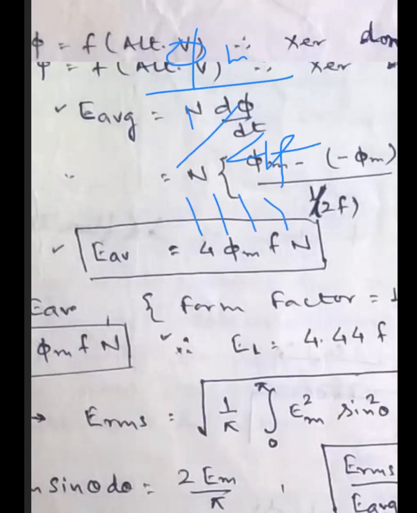So this is the average value, and since it is a sinusoidal quantity, the RMS value can be calculated by multiplying this average value by 1.11, the form factor.